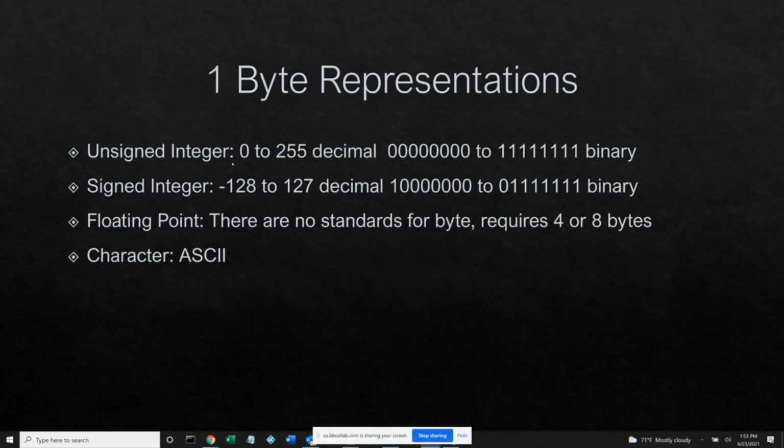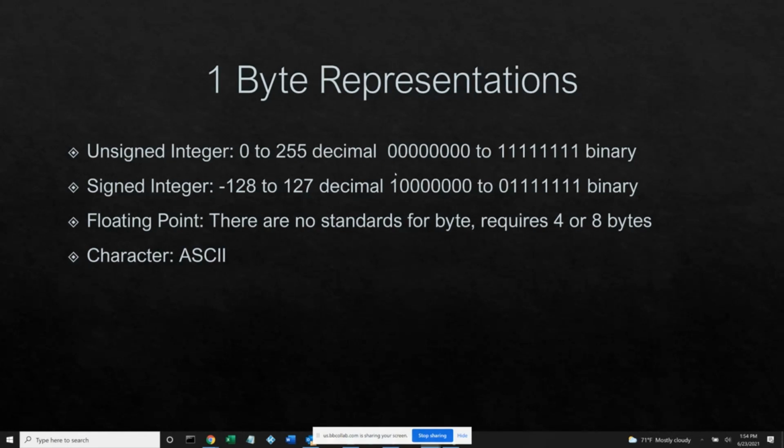I can represent an unsigned integer, from 0 to 255, and in binary that would be 8 zeros all the way up to the maximum, all ones. Or we can represent the signed integer, from negative 128 to 127. These are the same bits, but we're assigning them a different representation.